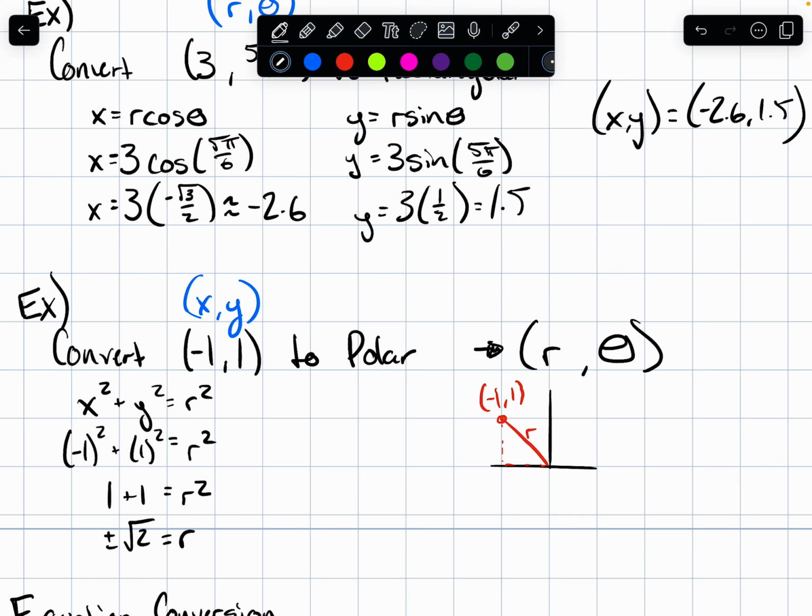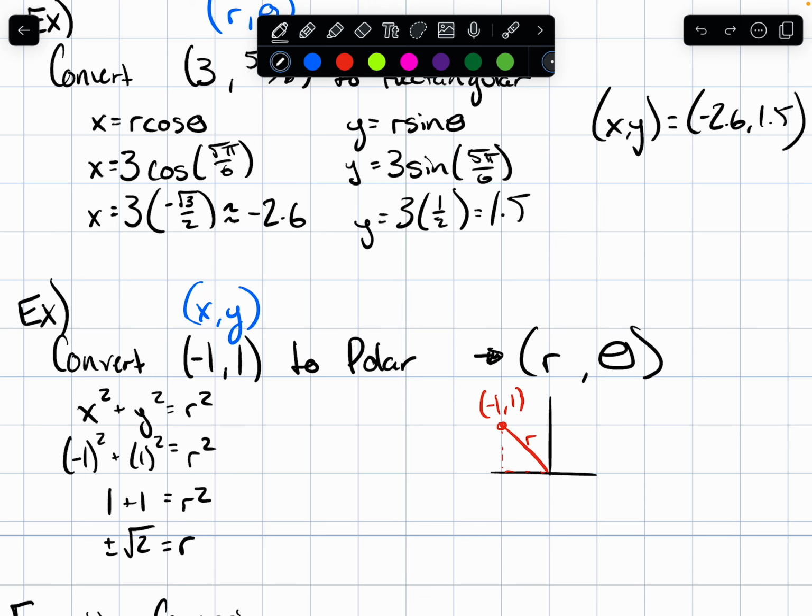Now, how I get the angle here, or better thought of as here, is I'm going to use that tangent idea. So tangent of theta equals y over x, which is going to equal 1 over negative 1. Now, using this idea, I could take the inverse tangent of both sides.